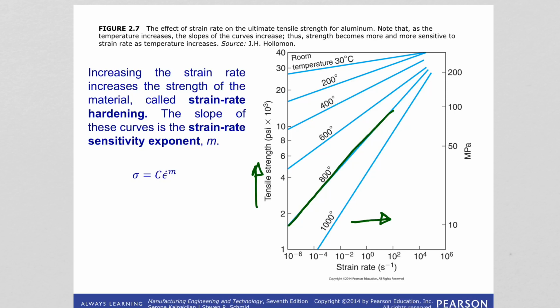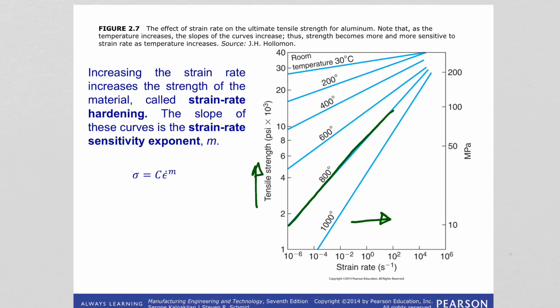So this is the strain rate hardening, okay? As we keep increasing the strain rate, the material gets stronger. So this is called strain rate hardening.